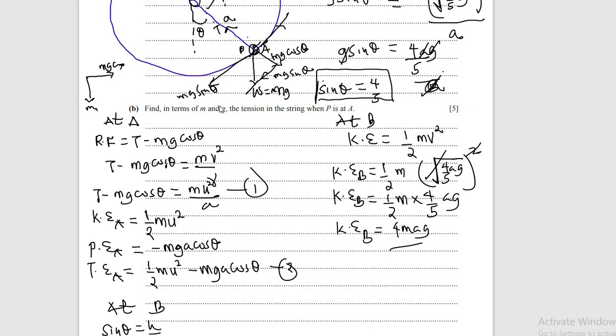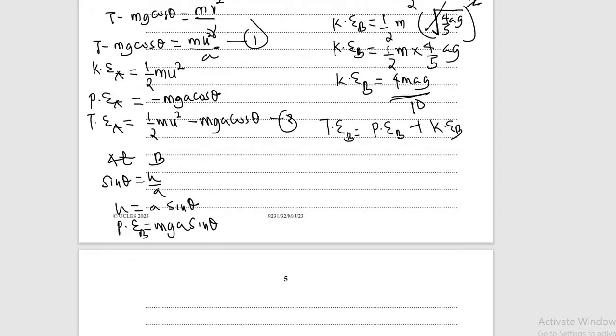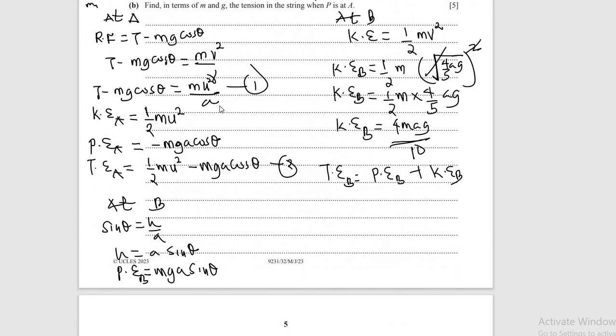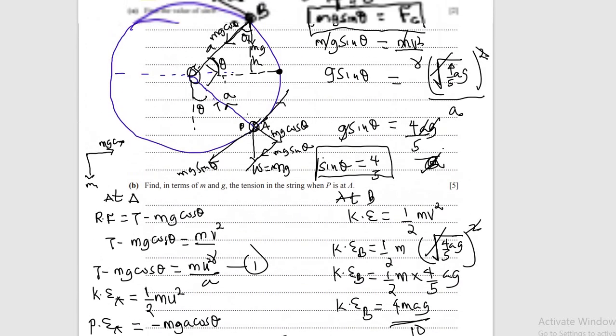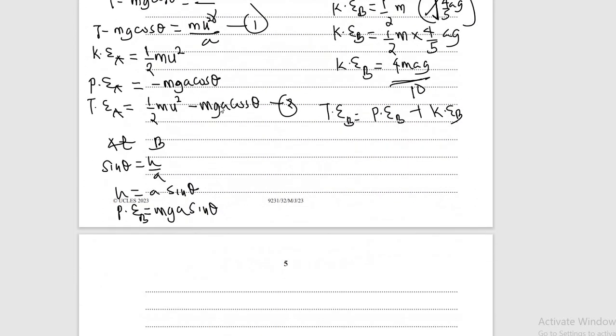So that will be 4mag over 10. So total energy at B is potential energy at B plus the kinetic energy at B. If you see what I did, potential energy at B is positive, while at A it is negative, because A is below zero and B is above zero.